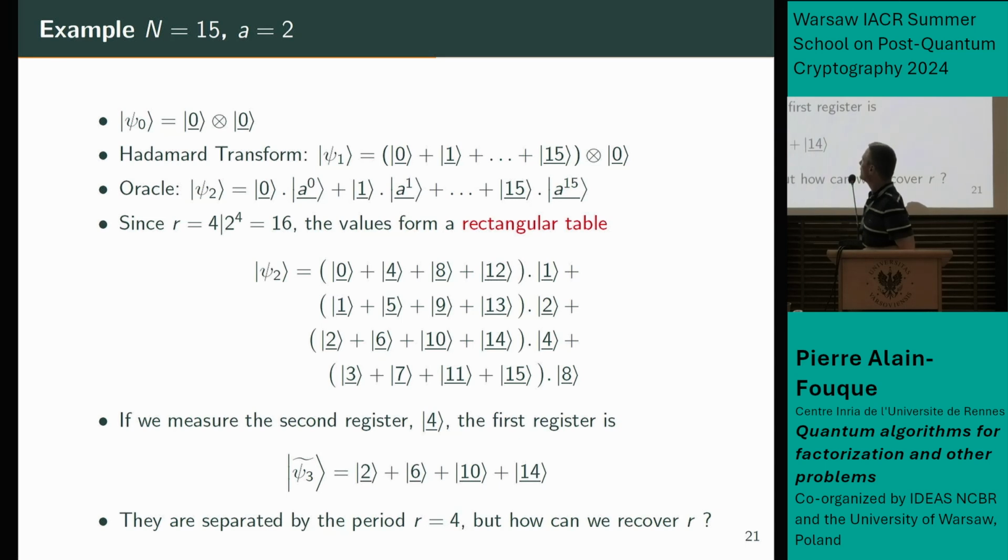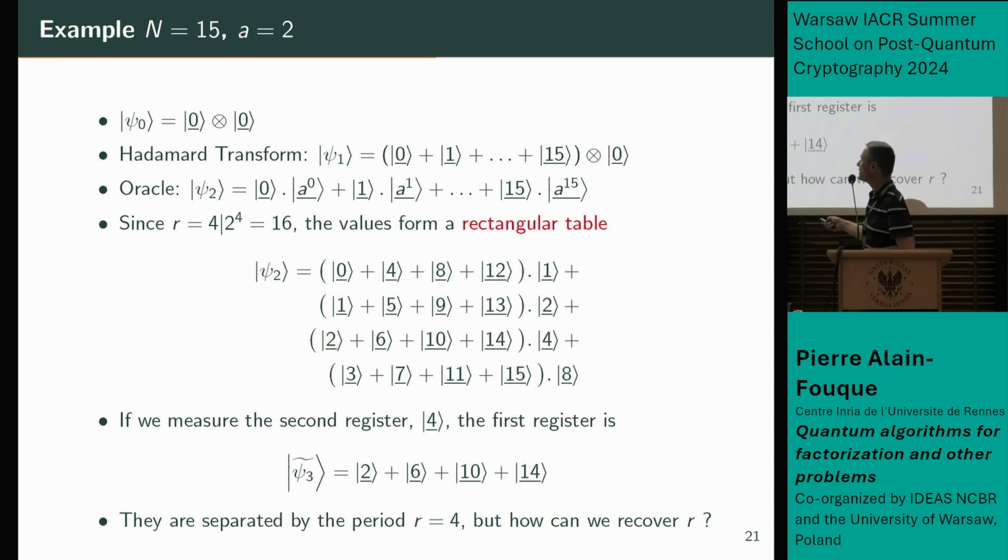Okay, so this is a working example that I begin with for the function at the beginning. And then assume that we measure for the second register the value 4 here. So we get beta 0 is 4. And so the first register is the sum of the values here. Okay, so we get the sum of this quantum state.